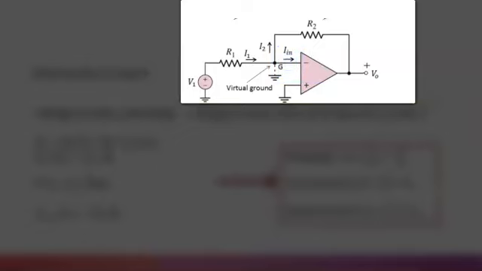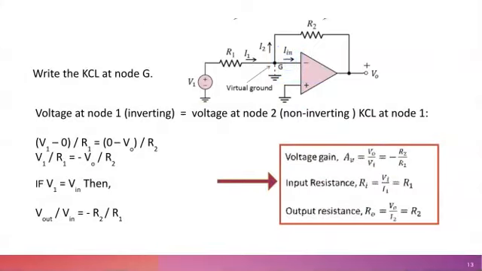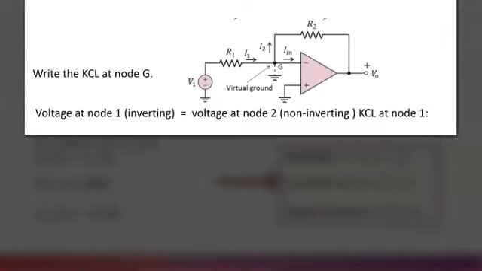This is because the impedance of each input terminal, inverting or non-inverting, will be well above 100 kilo ohms and possibly well over 1 mega ohm, because of the ideal op-amp condition where Rin, the input resistance, is equal to infinity. Hence, any current flowing into the chip can be ignored, or In equals 0.